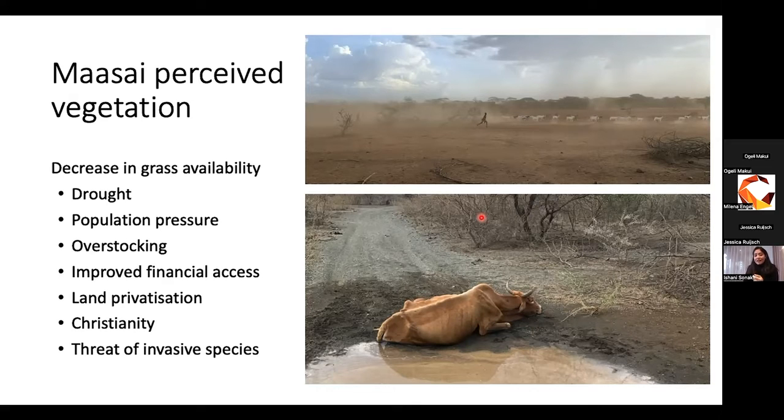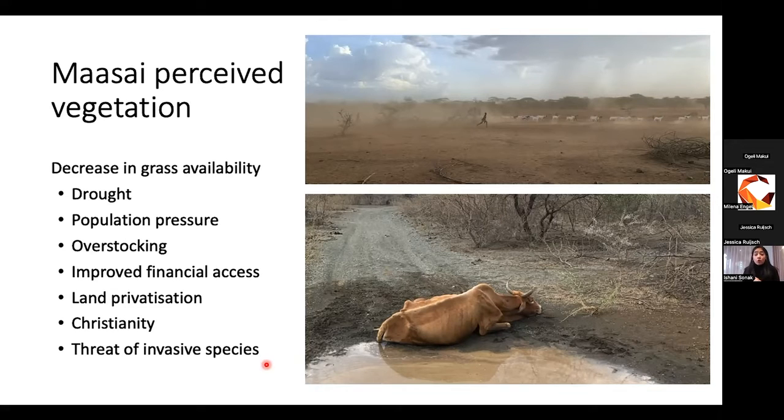And last but not least, it was mentioned that the grass species composition is changing. So now they see predominantly 2 grass species, which are not the most nutritious ones. And apart from that, there is a shift from grasslands to open tree lands, because of, for example, shoats eating acacia tree seeds and dropping them around in their droppings.